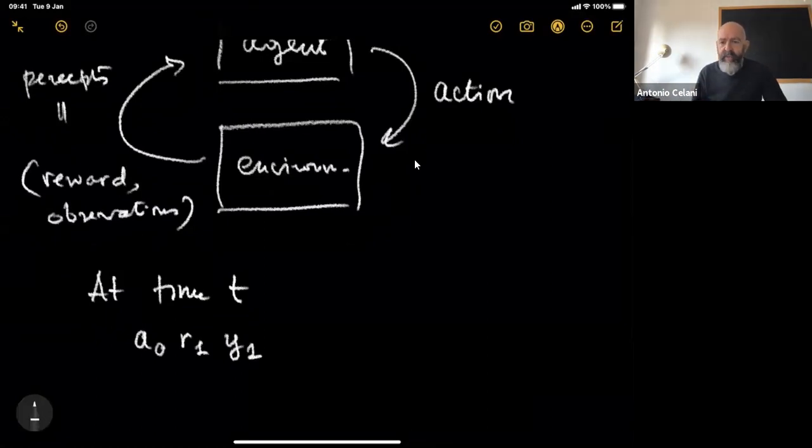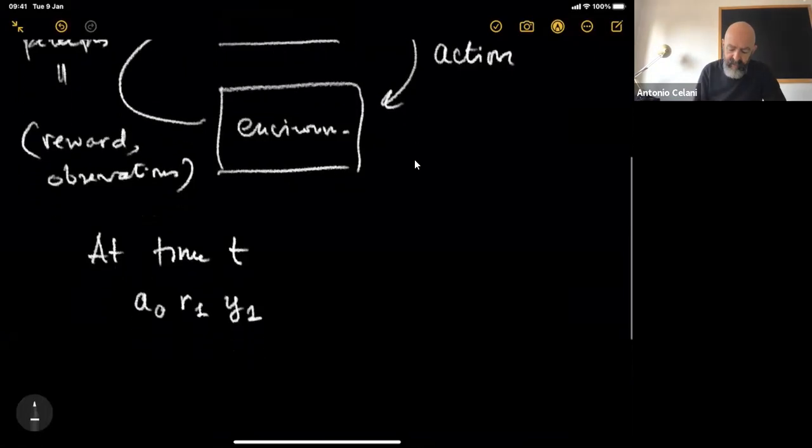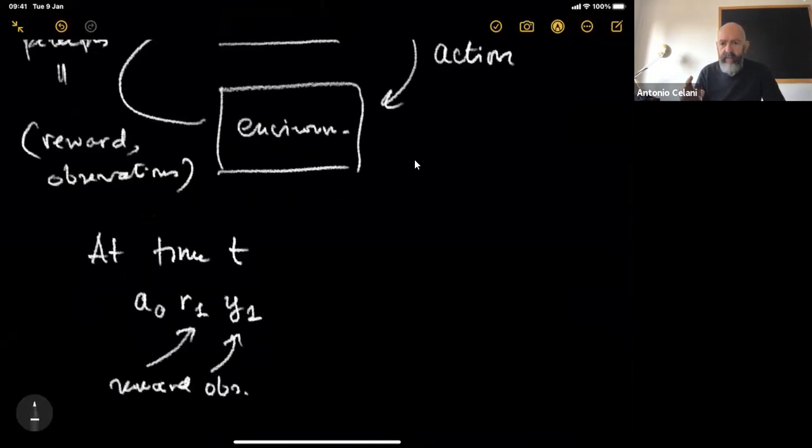Observations could be images of the environment, or long lists of variables, temperature, pressure, whatever, degrees of freedom of my physical system with n particles. It can be a very large object, the observation. The reward in turn is just a one-dimensional object, a real variable.